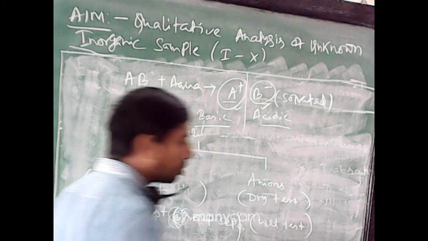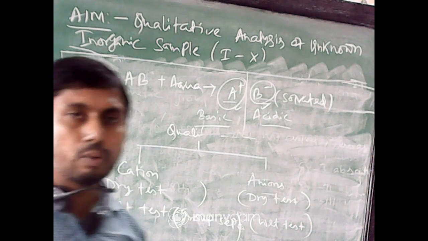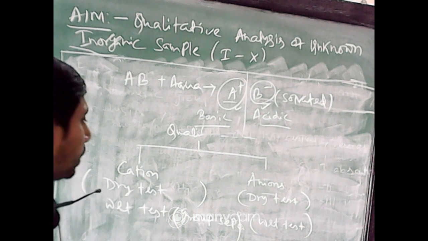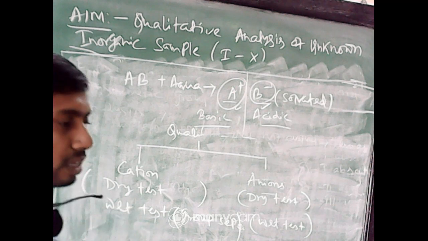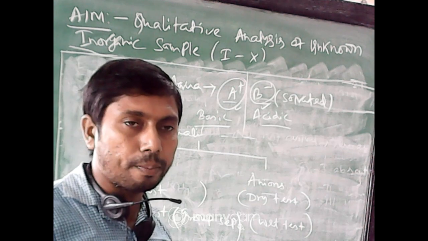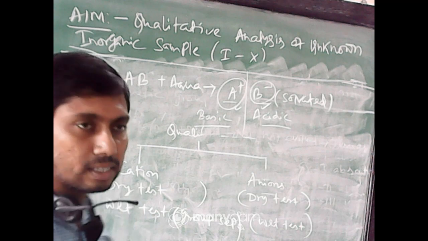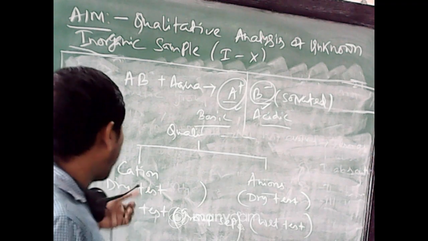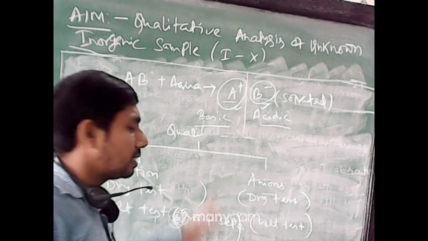So four kinds of tests are there. When we do this, we will assemble all these experiments and select some of them that we have to write in your copy and also use during the analysis. So the four kinds of tests are the dry test and wet test for acid and base radicals.